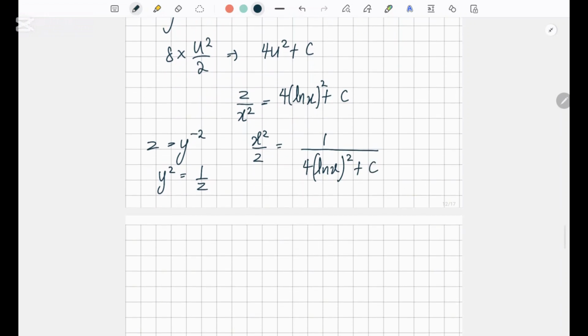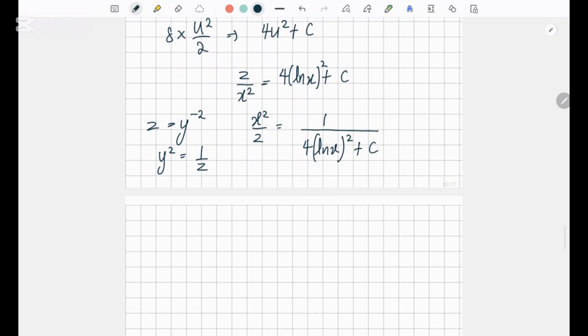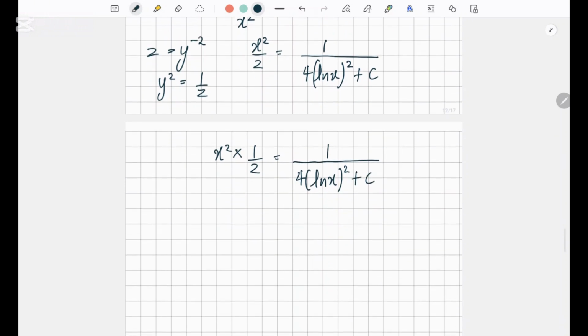I just took the reciprocal. I just shifted everything on the left and right side. So now you could write it as x squared into 1 over z equals to 1 over 4 ln x squared plus c. Now let's subject 1 over z.